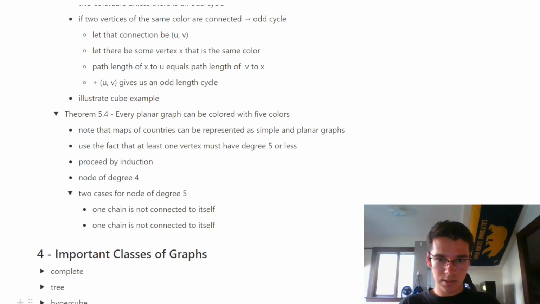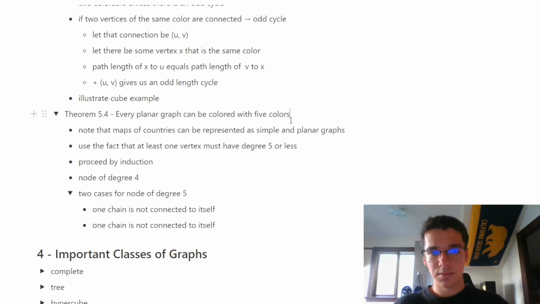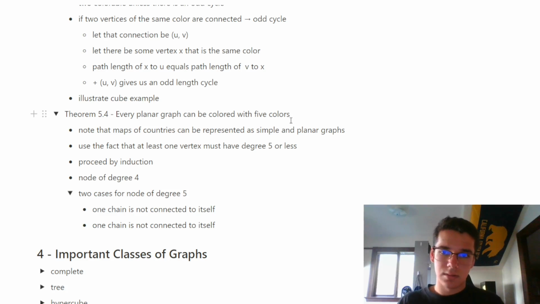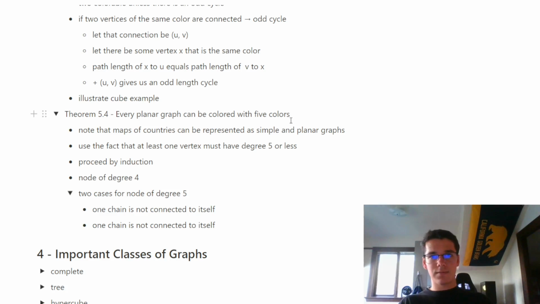Okay, so the next part is theorem 5.4, which says that every planar graph can be colored with 5 colors. The famous result is that it can be colored with 4 colors, but we're going to prove something weaker, as the notes say. As we said earlier, maps of countries can be represented as simple planar graphs, and we're going to use the fact that at least one vertex must have degree 5 or less. The notes go over that very quickly.